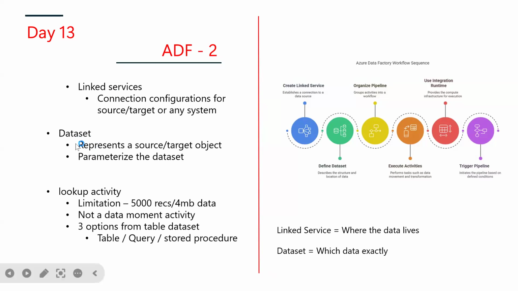So how intelligently you create data set, how effectively you use a data set, that is your intelligence, data engineer's intelligence. Okay, so as I mentioned, the linked service is something like the address of your warehouse, and data set is something which represents what source or target you want to extract from or put into a particular place. Okay, so that's about linked service and dataset theoretically.